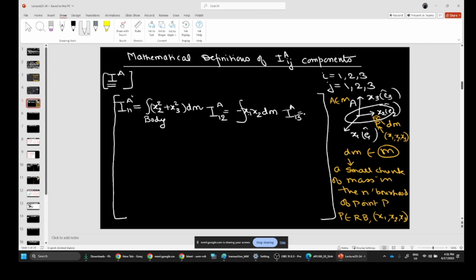You can probably guess by now. We have written enough on this slide to be able to write the exact expressions for all the other components. x1, x3, dm.